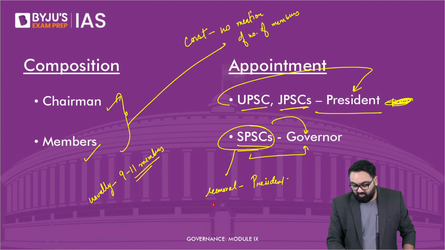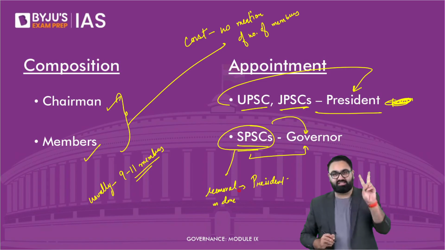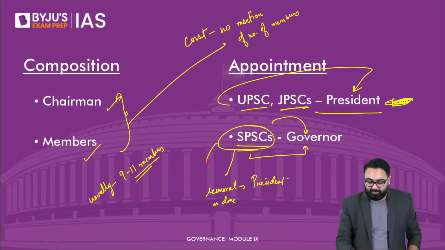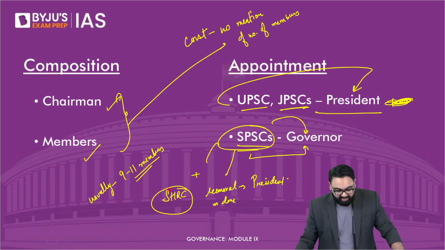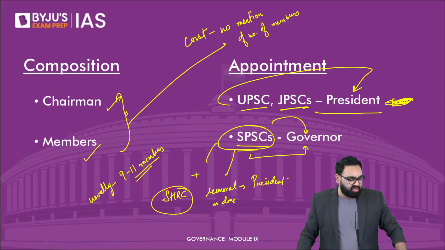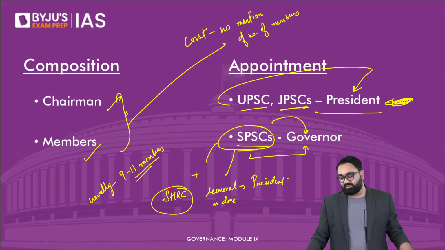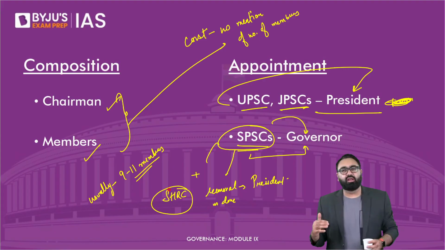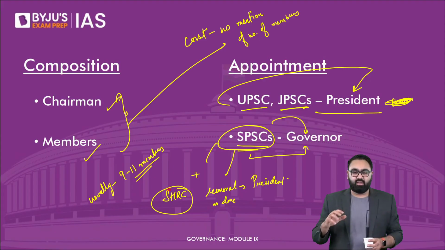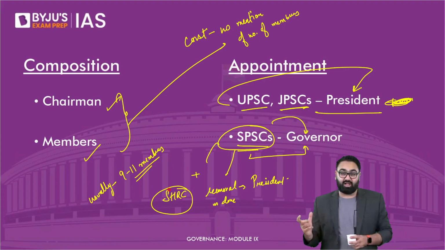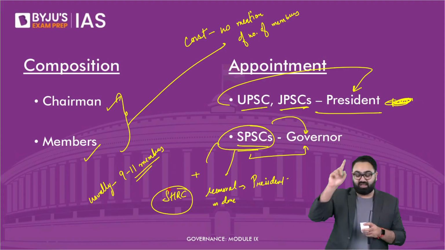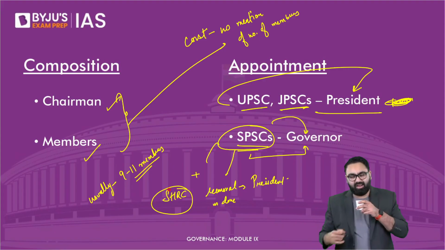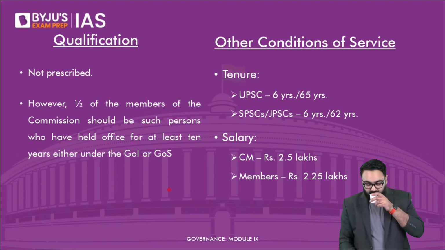There are 2 such exceptions: one, the State PSC, and the other, the State Human Rights Commission. You usually see these bodies as an exception, because usually the appointing authority and removal authority remain the same. But over here, the appointing authority is the governor, while the removal authority is the President of India. Do remember this fact. It may come in handy for the prelims exam.